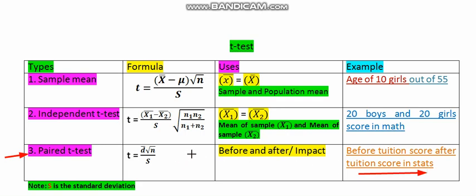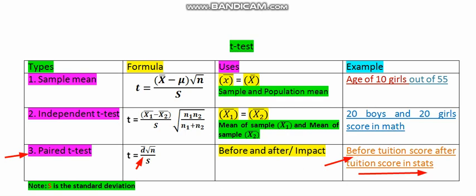In this case we just take the difference. We have this thing called d here, and we try to measure whether it has any impact. It may be medicine, what happens after you take a particular medicine, or, like I said, coaching. What happens if you take coaching, whether there is an increase or decrease in the marks in math or stats or anything like that.